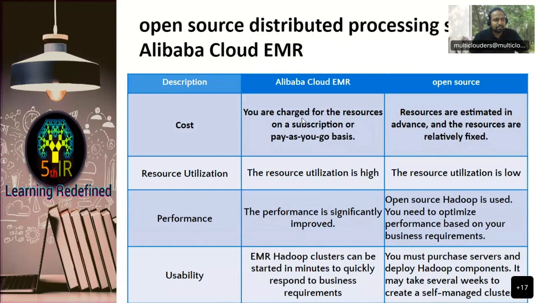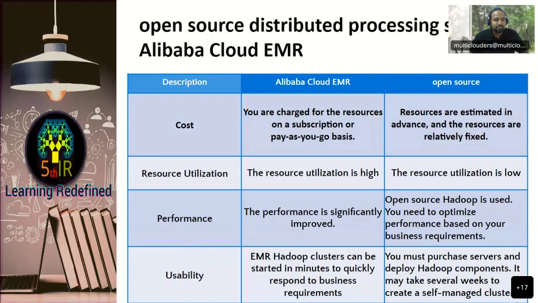So first, we are going to compare the cost. Cost is an important factor why organizations are moving to the cloud. In Alibaba Cloud Elastic MapReduce, we can use a pay-as-you-go model as well as a subscription model. If you want to use the resource for a long time, you can go for subscription, or if you want to use it for a short time, you can go for pay-as-you-go.